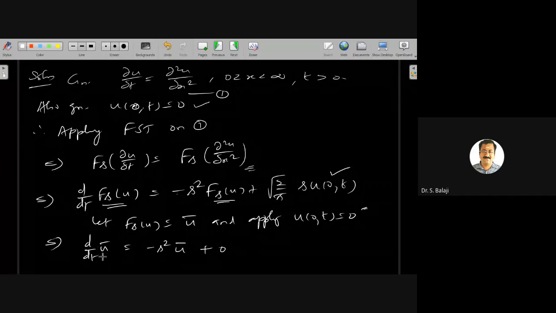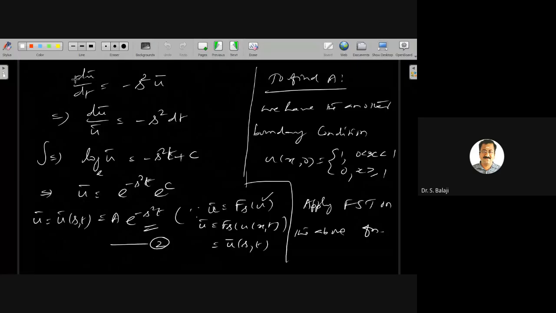Now it is like a differential equation, an ODE, ordinary differential equation. Therefore, du bar by dt equals minus s square u bar. Apply the variables separable idea: du bar by u bar equals minus s square dt.